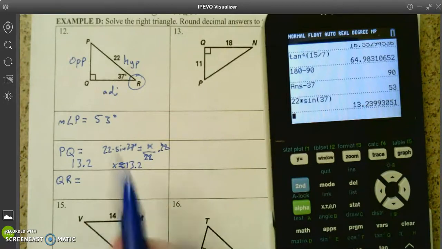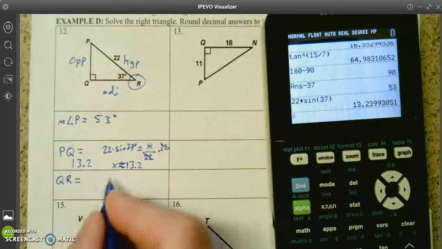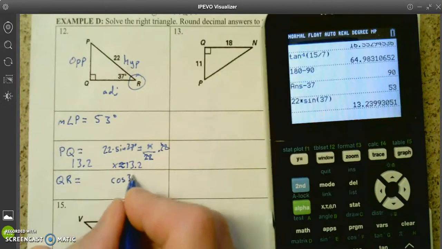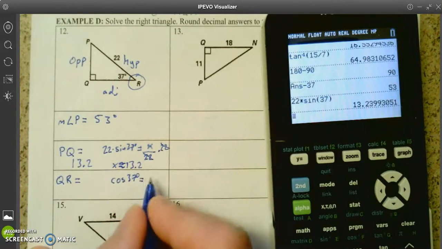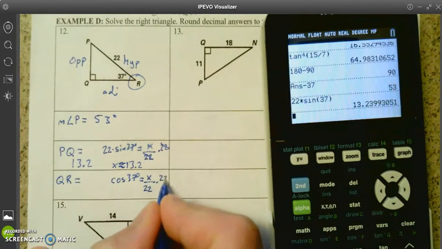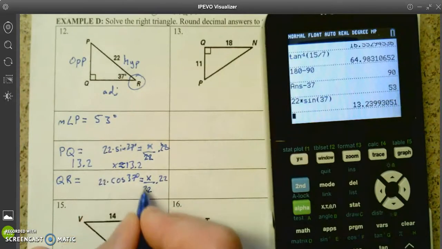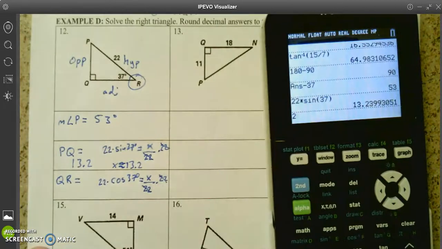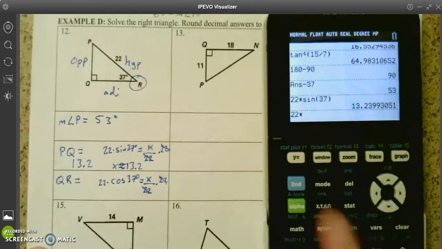So let's see, we have adjacent and hypotenuse. So in this case, we're going to use cosine. So cosine of 37 degrees is equal to adjacent over hypotenuse. Again, multiply by 22 on both sides to cancel it out here. And we have 22 times cosine of 37.